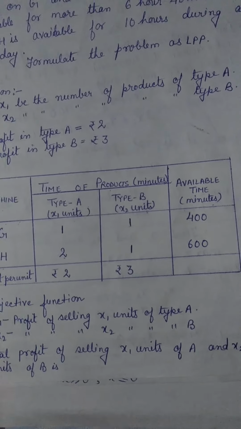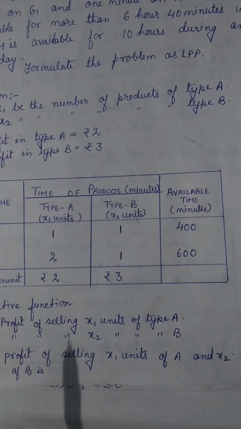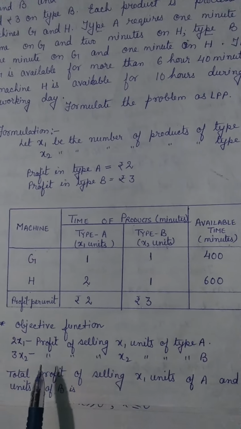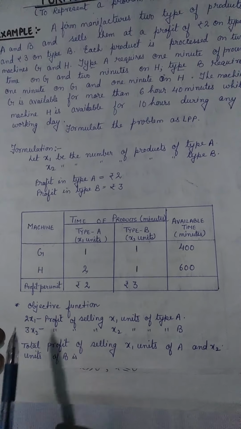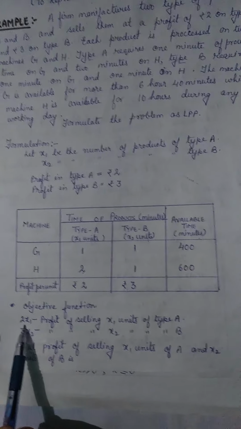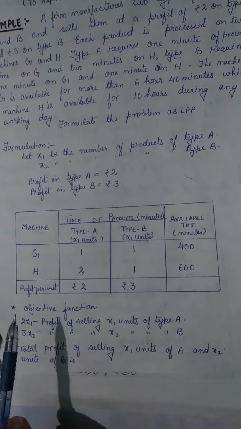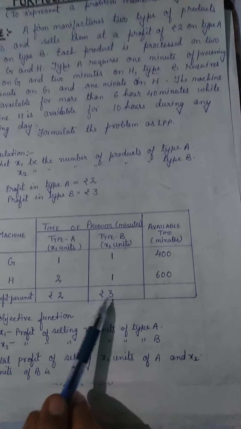Objective function. So here profit in type A is rupees 2. So profit of selling x1 units of type A will be twice of x1. Profit in type B is given rupees 3.